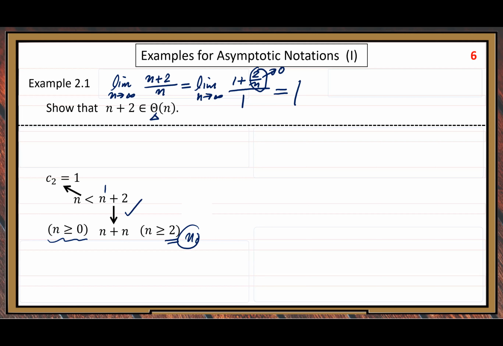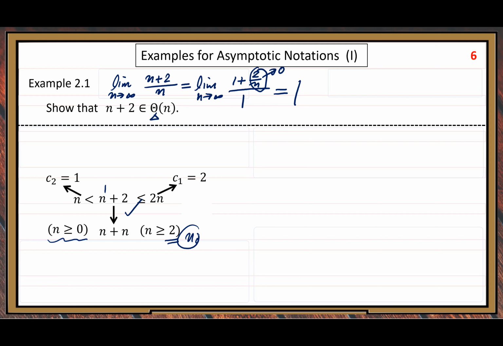Here you choose 2, so after this line, this inequality is true, less than or equal to 2n. All right? So then we get constant 1.